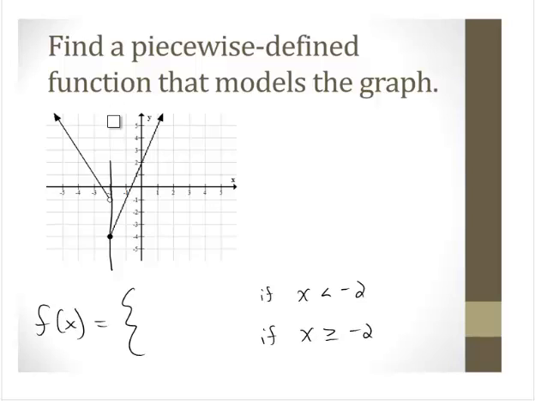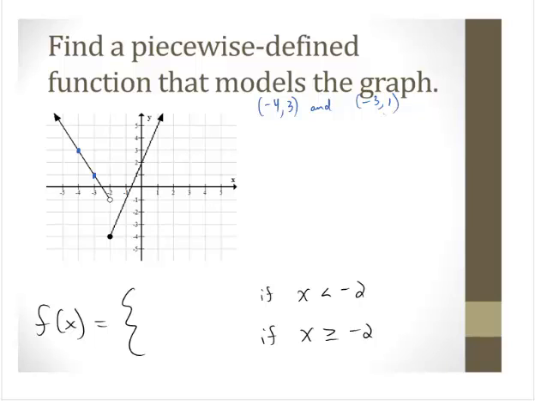All right, so let's look at that first part. And I'll just think of this in blue, okay? So I'll work that line in blue. Let's see what we can do here. We have a couple of points. We know it looks like a line, so let's use a linear function. There's 2 points, -4, 3, and -3, 1.